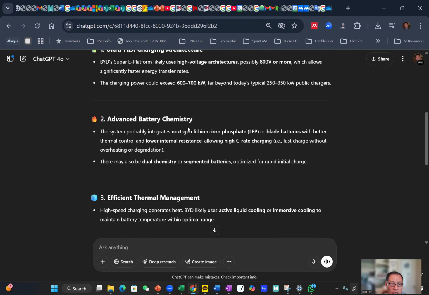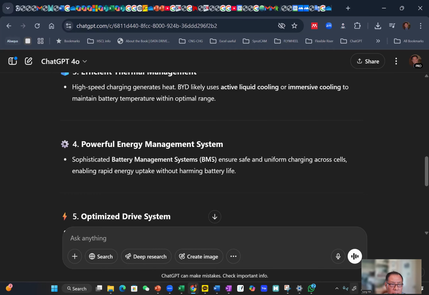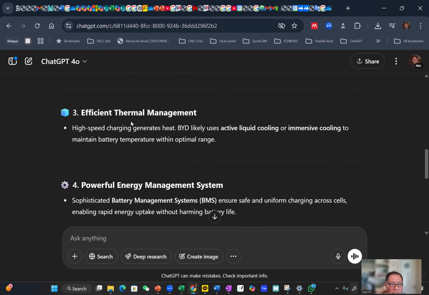While every battery has a battery management system, BMS, I guess they are using very efficient thermal management.